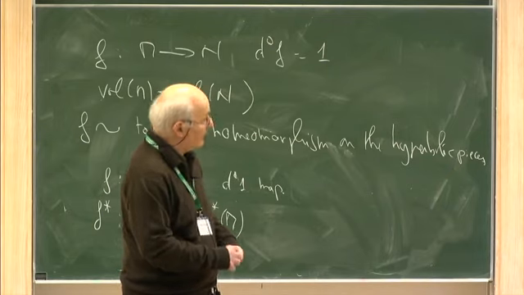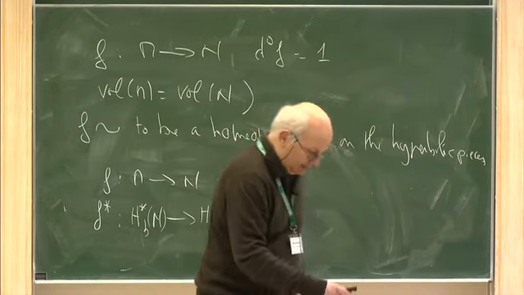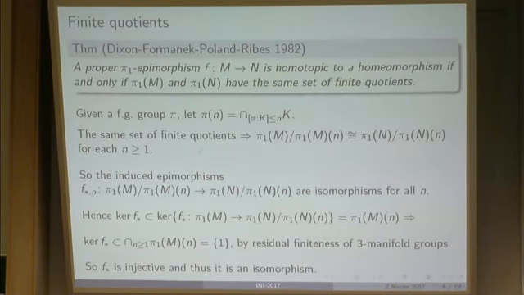So looking at another kind of rigidity, there has been a lot of activity around the profinite completion and so on. So you could say, okay, I look at two 3-manifolds. Can I decide if this epimorphism is homotopic to a homeomorphism by looking at the finite quotients?